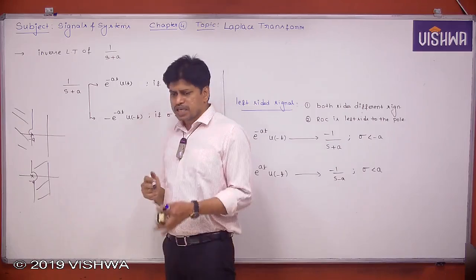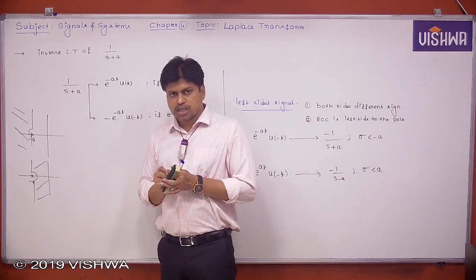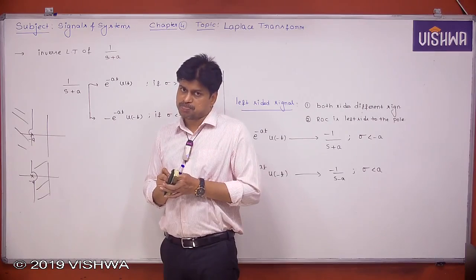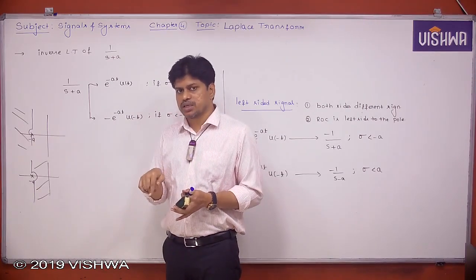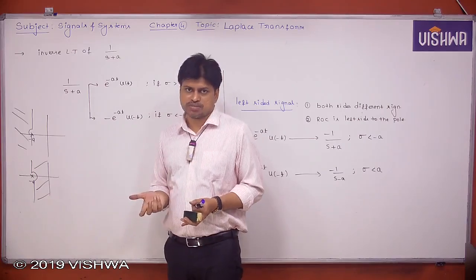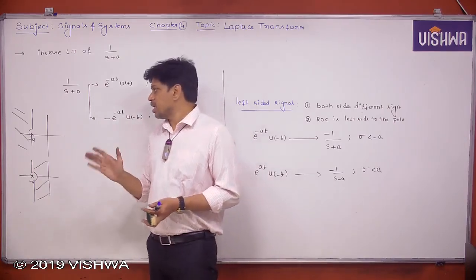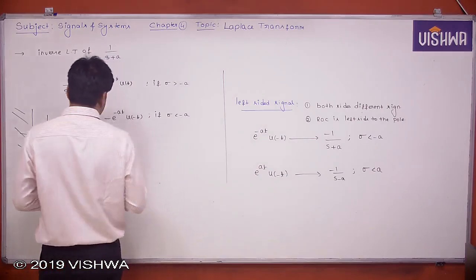So can I simply say the inverse Laplace transform is not unique? Or we can say the inverse Laplace transform is unique if ROC is mentioned. I hope you understood. To get the inverse Laplace transform, ROC has to be mentioned.